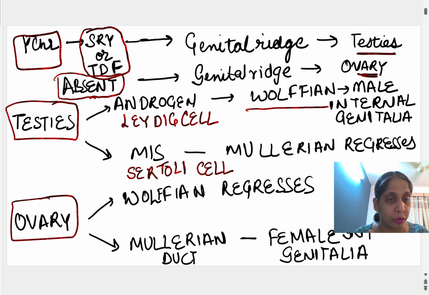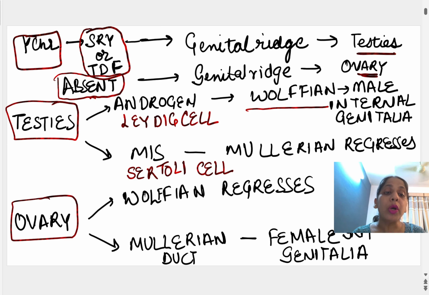Now in females who have the XX genotype, this gene is absent. The Y chromosome is not present, so how will the SRY gene and the TDF factor be present? So basically this is absent. So the genital ridge is not converted into testes, rather it forms ovary.